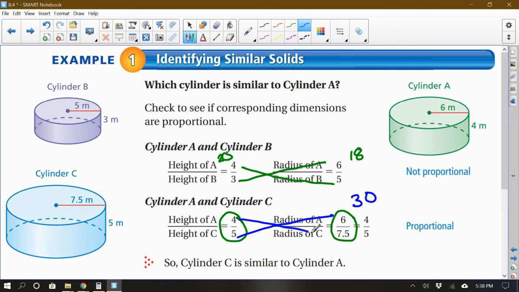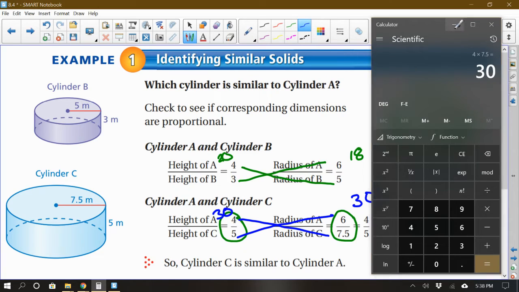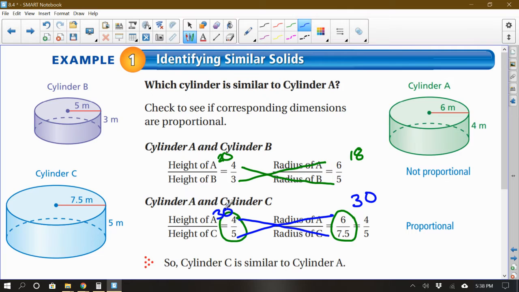And 7.5 times 4. Well, you could bring up a calculator. I could do that. But 7.5 times 2 is 15. And if we double that again, we get 30. But here, we'll just show it to you on the calculator. So 4 times 7.5. And yep, there's that 30. So cylinder A and cylinder C are the ones that are proportional. They are similar to each other.